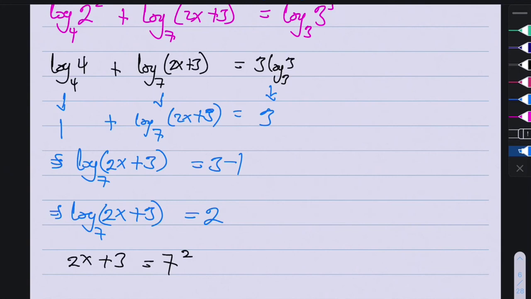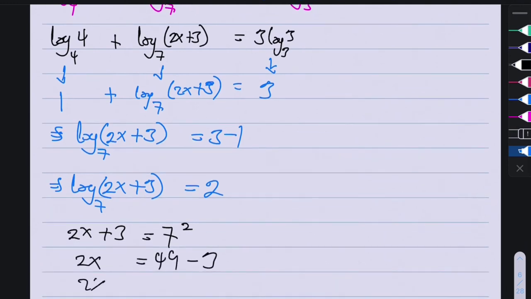Always the value down here comes to carry the value here, okay? So 7 square. Well, once you write it in this form, it's something that you can work with, okay? Because you're going to have 2x is equal to 49 minus 3, giving you 2x is equal to 46. So 46, that's 23, right? Okay, and you are good to go.